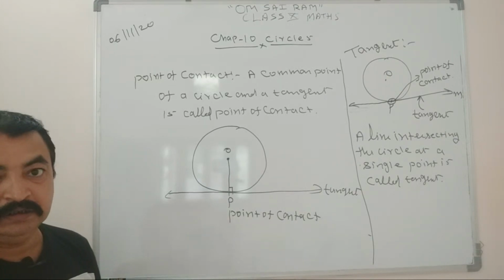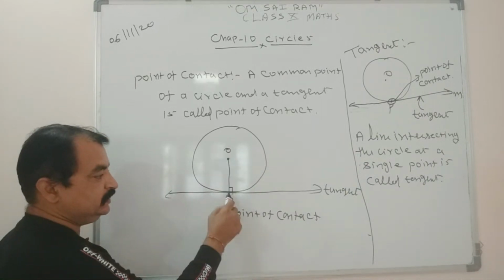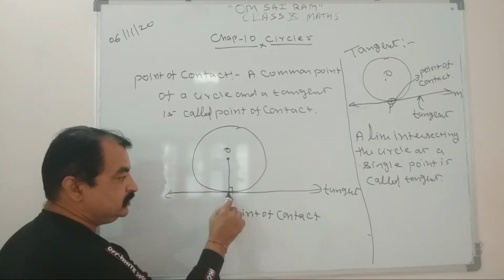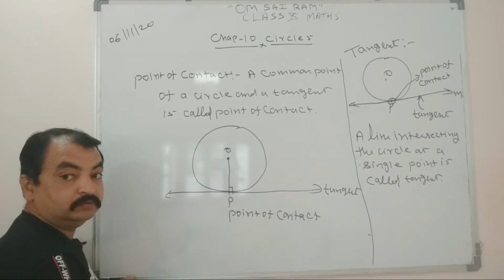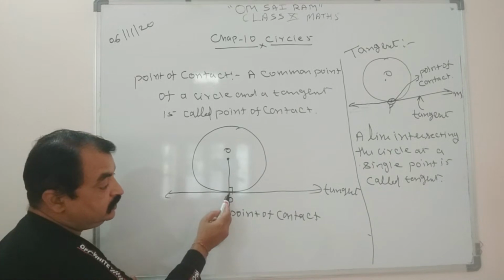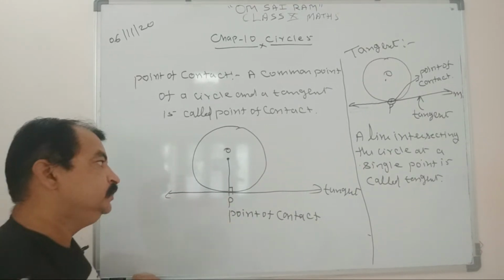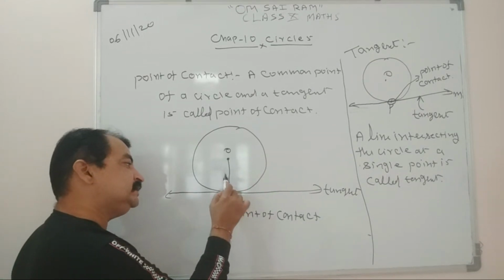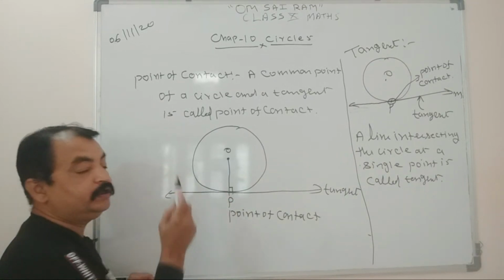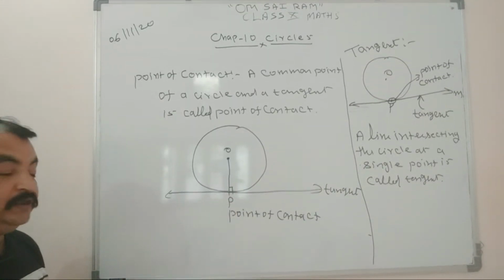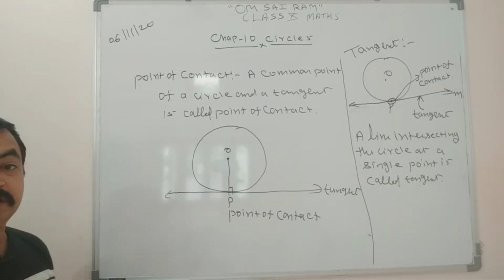What is this called? Tangent radius theorem. So if you can see, this is the radius, this is the tangent, this is the point of contact, which is the end point of the radius also. Point of contact P is the end point of the radius also, children. Getting? So this radius is always perpendicular to the tangent at the point of contact. So this is the theorem known as the tangent radius theorem.